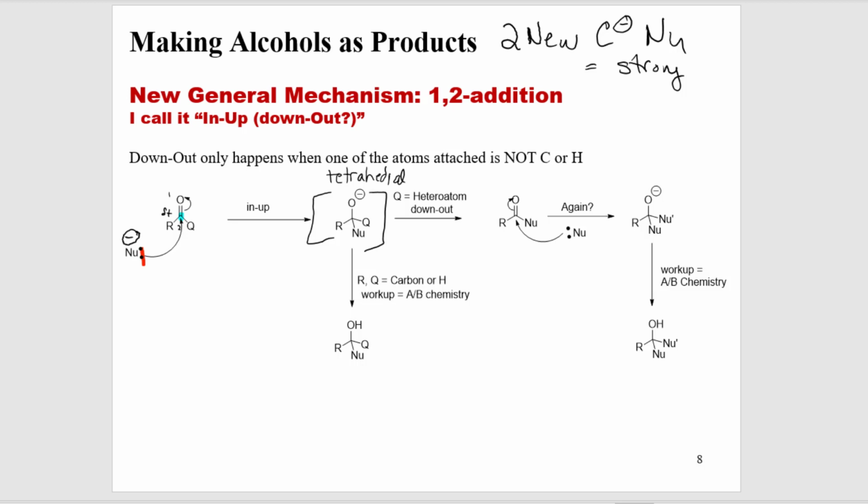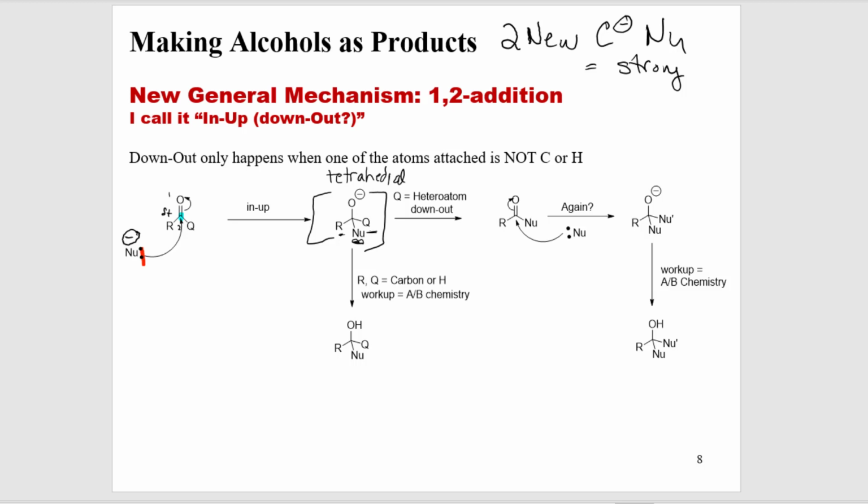Now, what you need to do next is to analyze all of the groups that are at the foot of this O-. You want to look at the R group. You want to evaluate what the heck you just put on, the nucleophile, and then the other group, Q. All right?